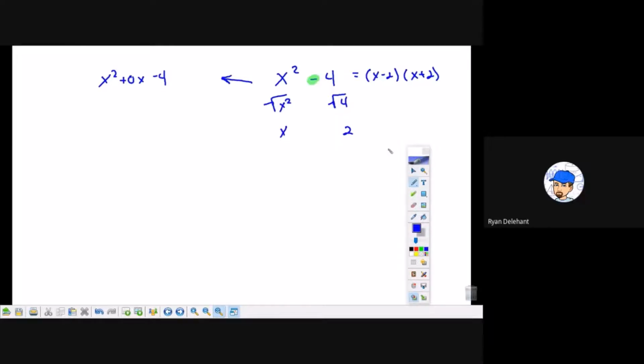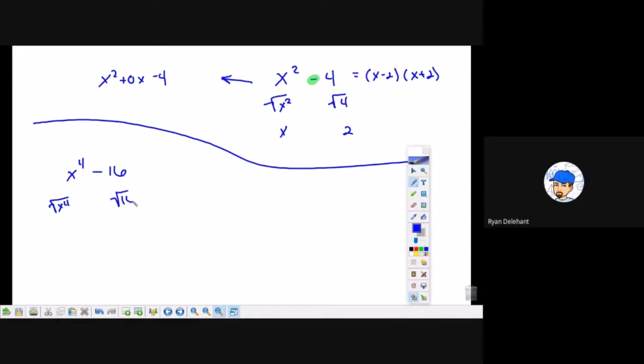But the reason we learn this more like a formula is because this can be expanded. Meaning I could also factor that the same way. That is also the difference of two squares, because I can take the square root of x to the 4th and the square root of 16 and get whole number answers.